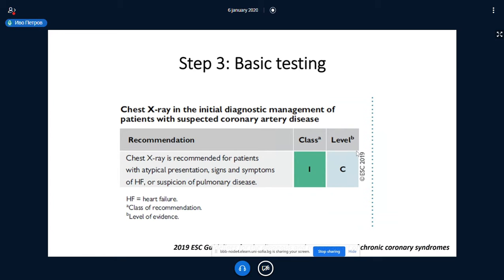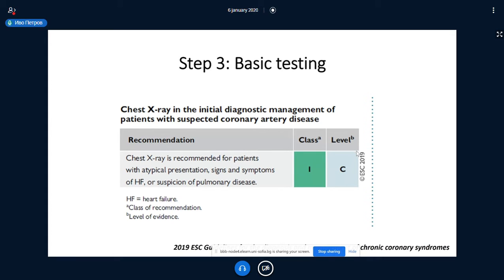Of course, the chest X-ray is also important in order to take a look at the lung and heart situation. In case the patient has an enlarged heart on the chest X-ray, we can guess that the patient has ischemic cardiomyopathy and also heart failure.